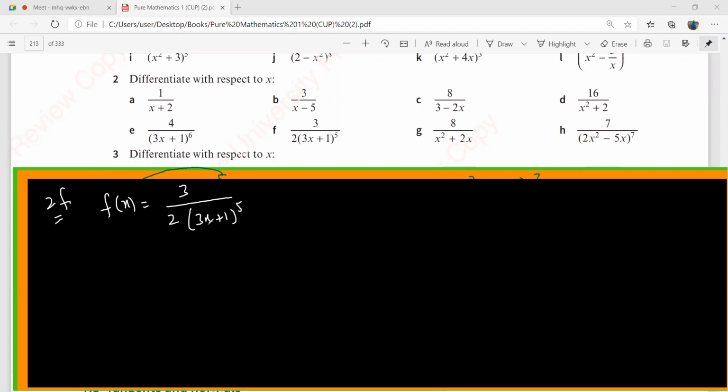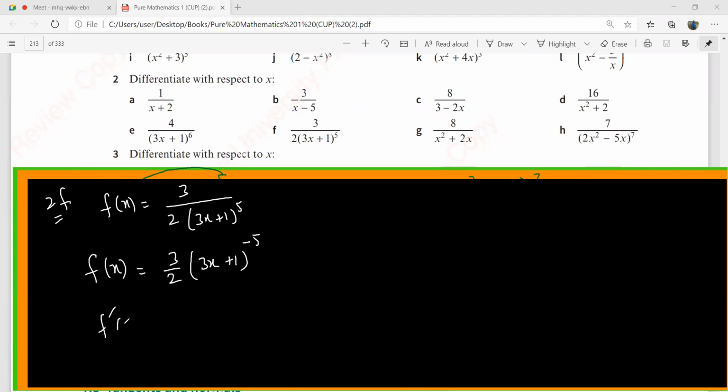So guys, we need to move this (3x plus 1) to the power 5 to the numerator. So this would become f of x equal to 3 over 2 into (3x plus 1) to the power minus 5. Now we are ready to differentiate this.